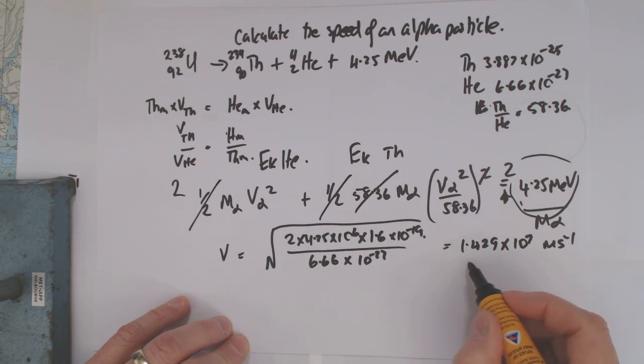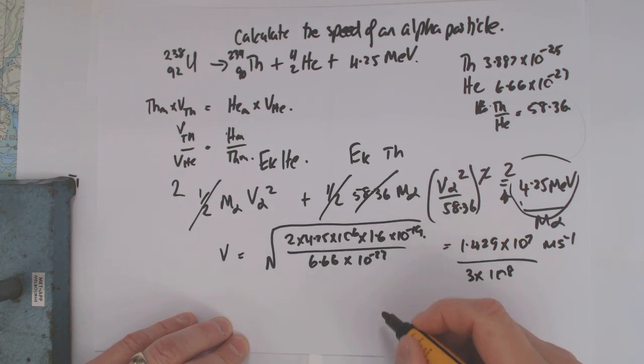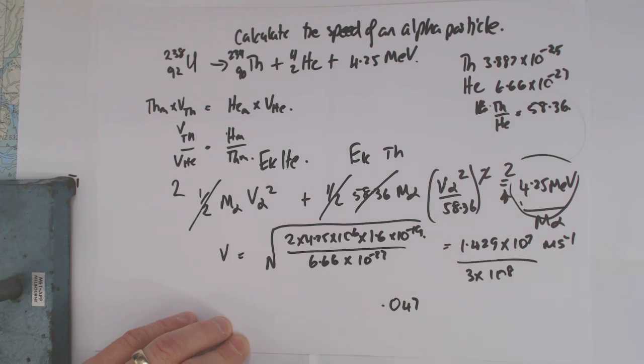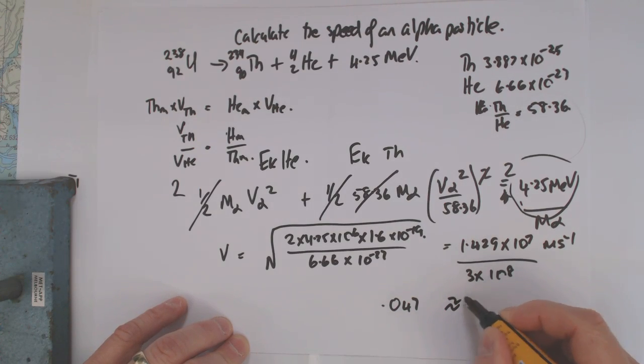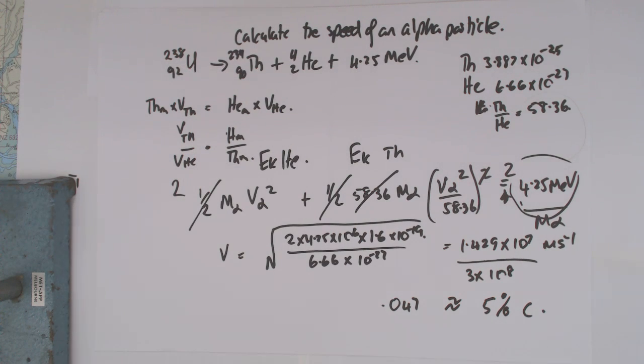If we divide that by 3 times 10 to the 8, the speed of light, we end up with 0.047, or approximately 5% of c. And we've worked out the speed of an alpha particle. Well done us.